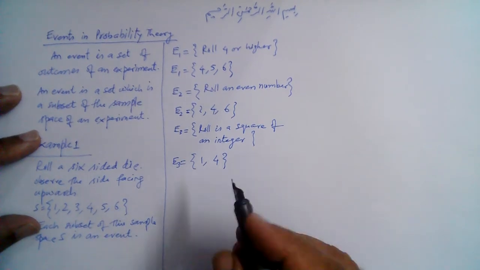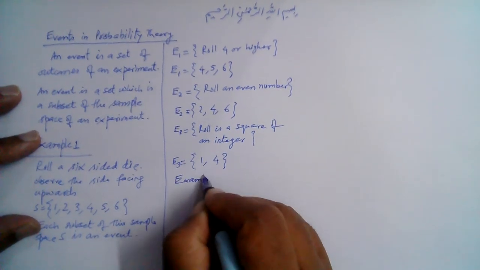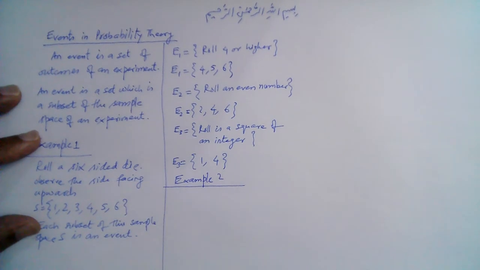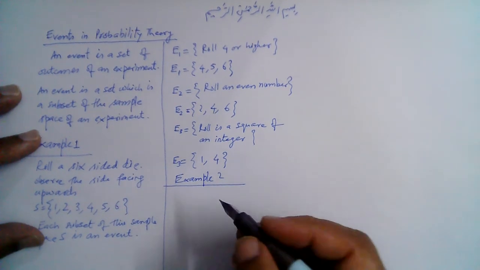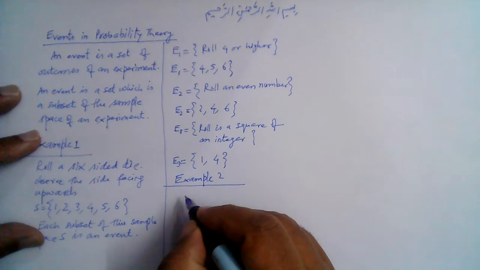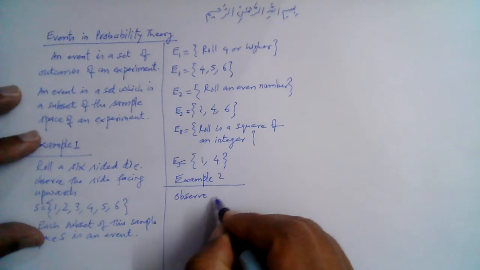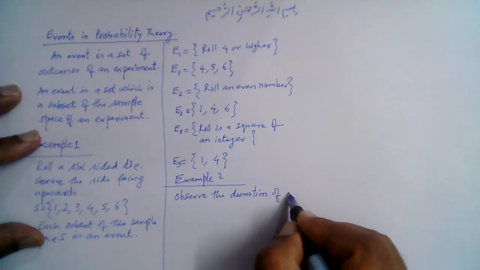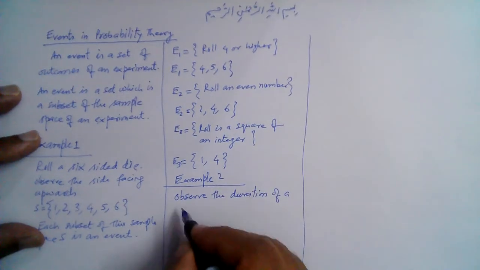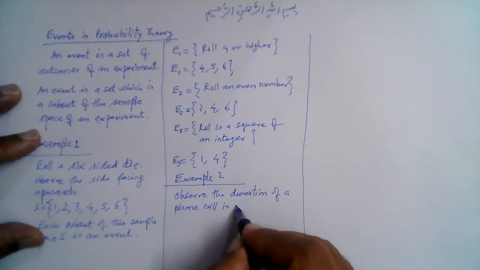So another example of a probability event. For example, wait for someone to make a phone call and observe the duration of the phone call in minutes.